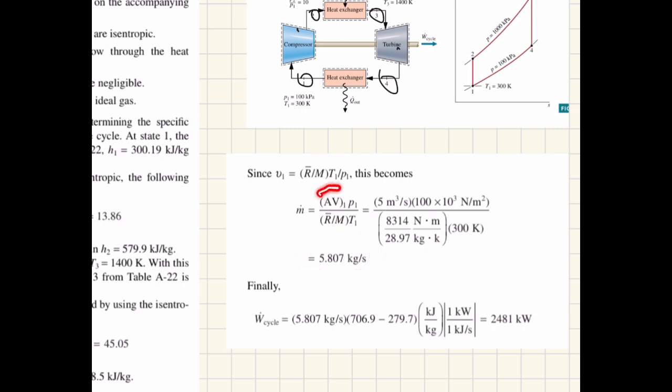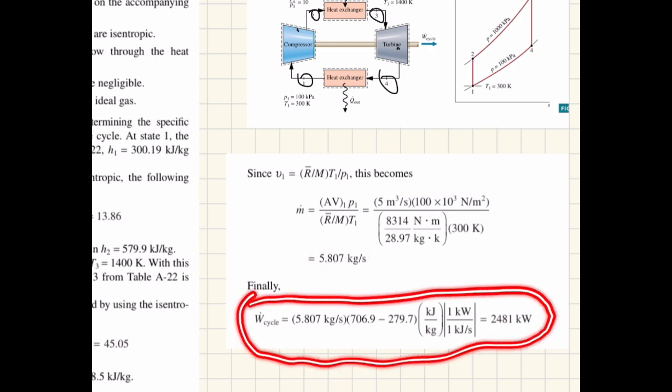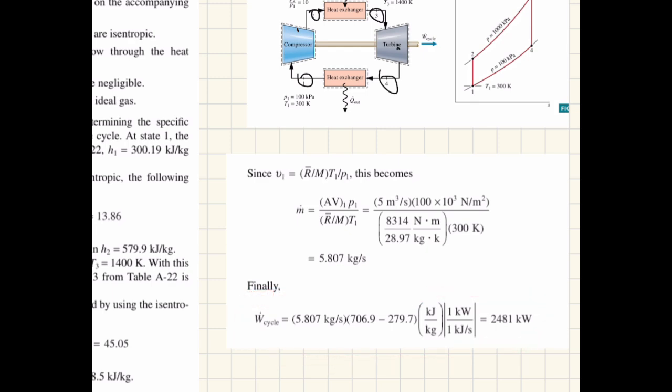Also, this is equal to the volumetric flow rate, which was given in the question, 5 meters cubed per second. Now that we have the mass flow rate, we just need to substitute it into the formula for the net work of the cycle, and we'll get 1481 kilowatts.